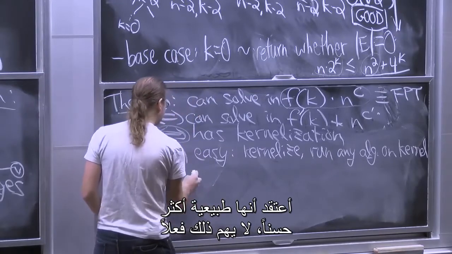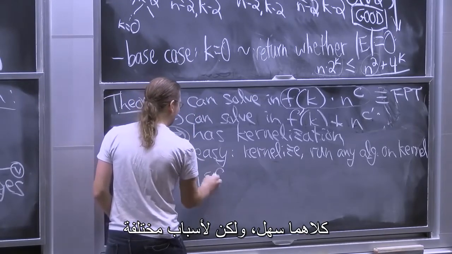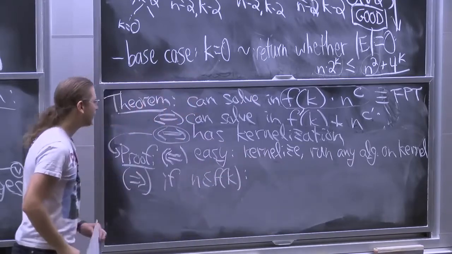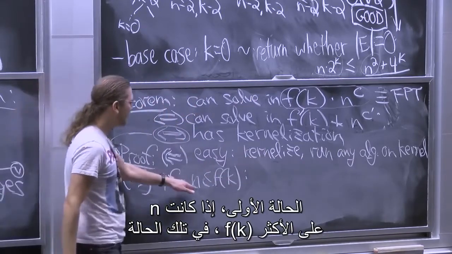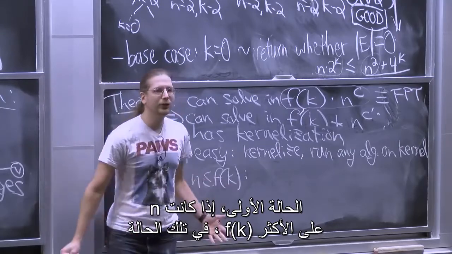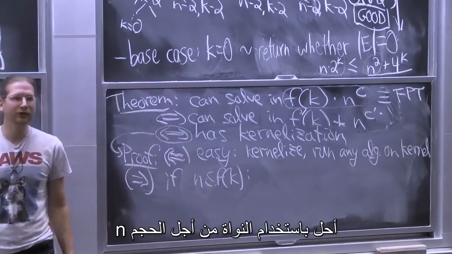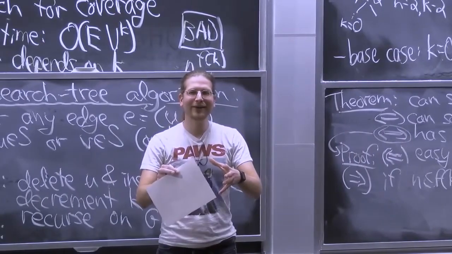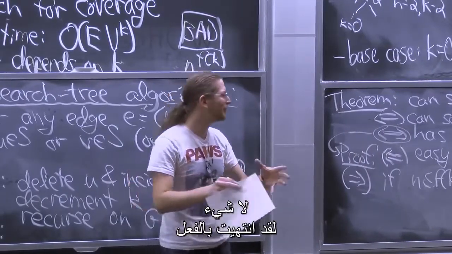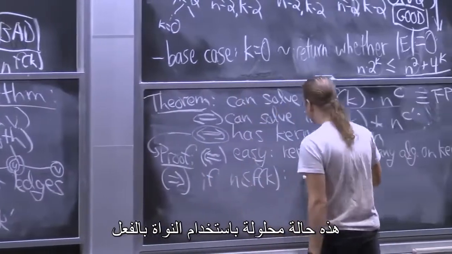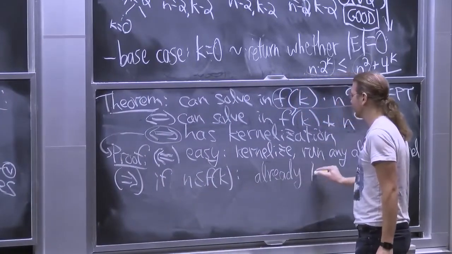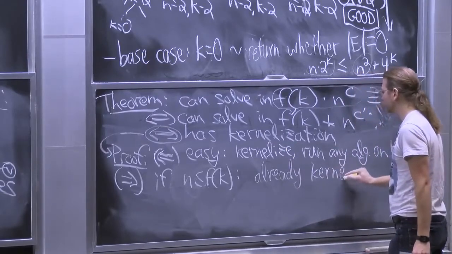They're both easy, but for different reasons. The then parts are going to look different. So the first case, if n is at most f of k, what do I do in that situation in order to kernelize this thing of size n? I want to kernelize into something of size f of k. Nothing. I'm done already. So this is the already kernelized case. That's great.